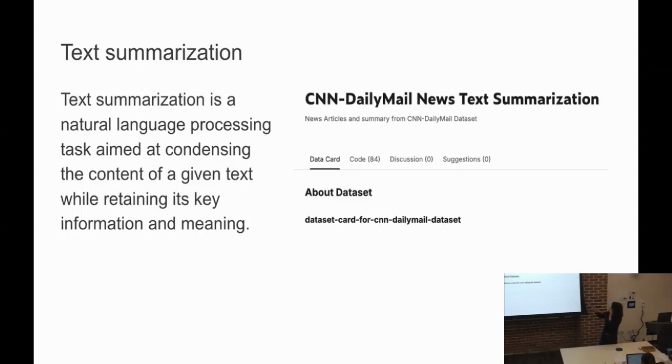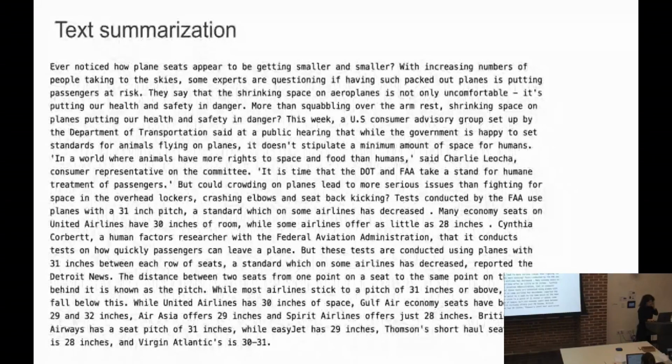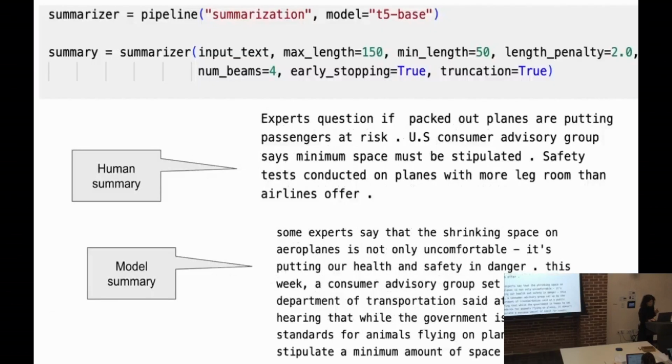So this is a data set in which basically we have news. I'm going to show you how it looks, actually. So they look kind of like this. Ever notice how things appear to be getting smaller and smaller, blah, blah, blah? So we're going to see what we summarize this into in a little bit.